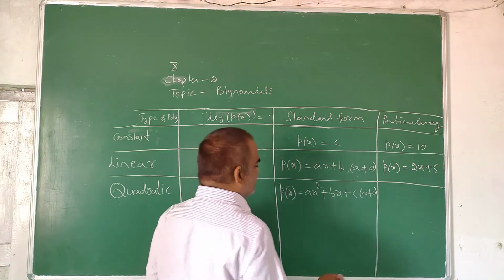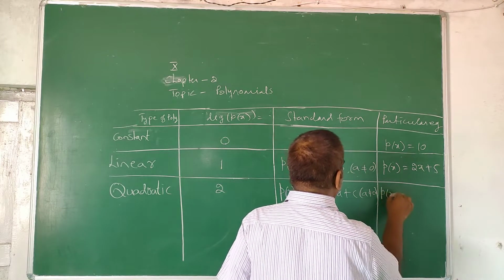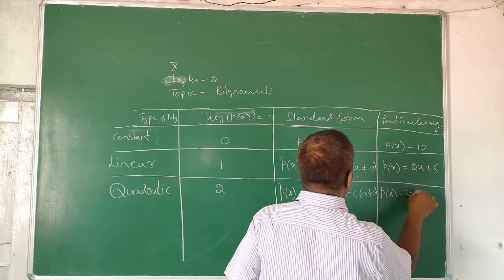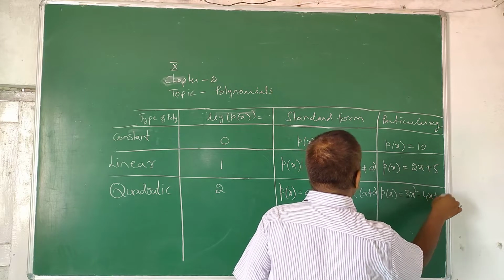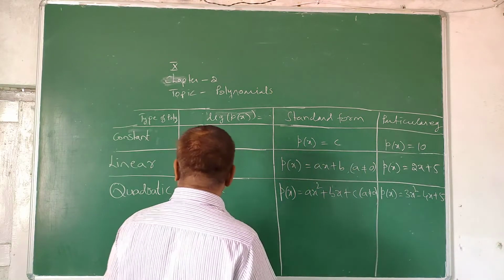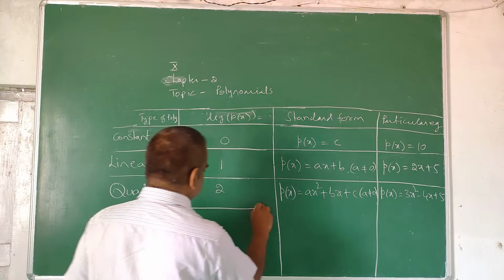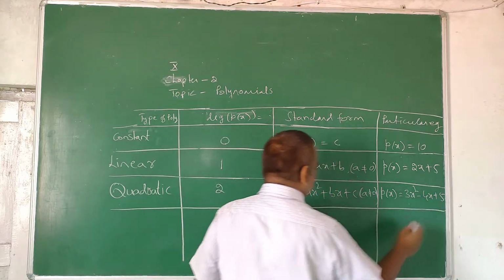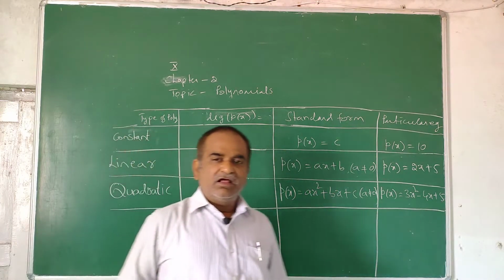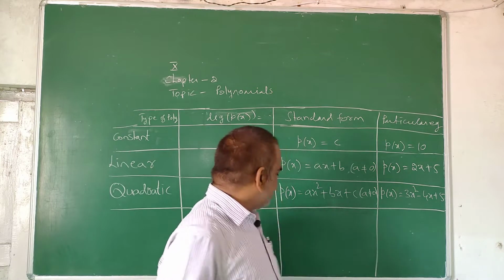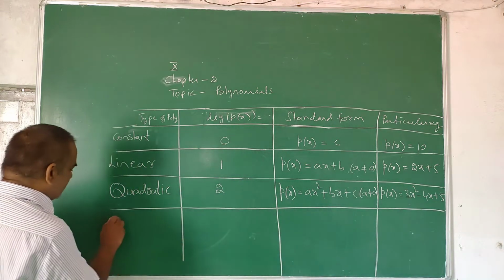A particular example for a quadratic polynomial is 3x square minus 4x plus 5. Are you following?